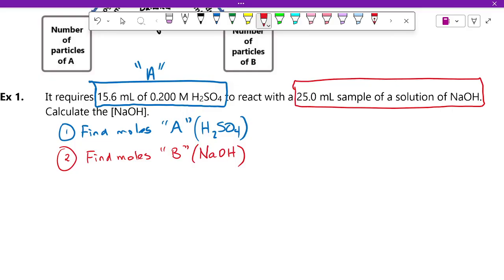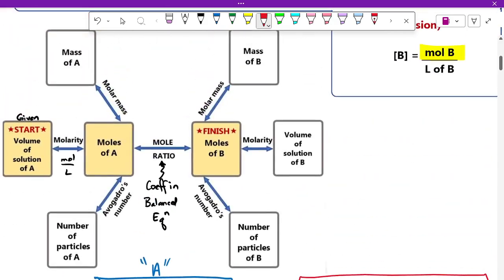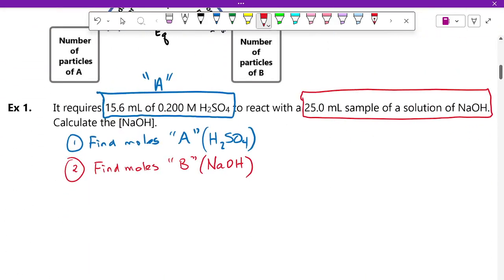We need the mole ratio, which means we need a balanced equation. So could you guys please write the balanced equation between H2SO4 and NaOH?